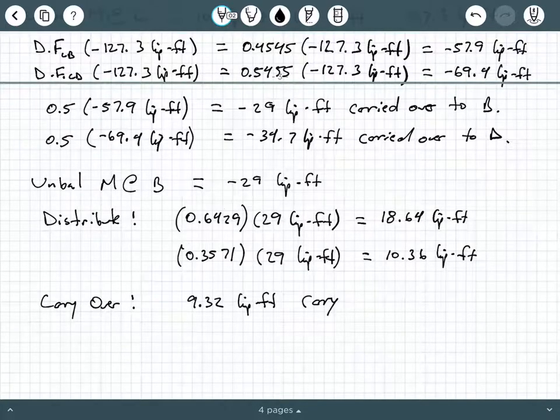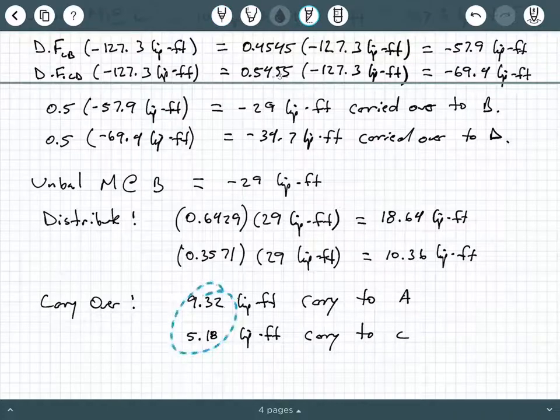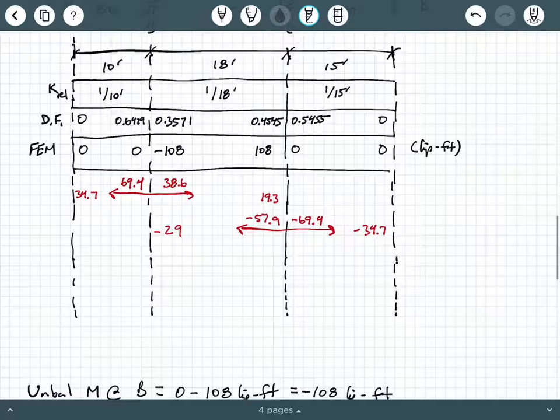So we would say 9.32 kip feet carry to A, and then 5.18 kip feet carry to C. And again, these two numbers came from taking a carryover factor, which is always 0.5, times each of these numbers.